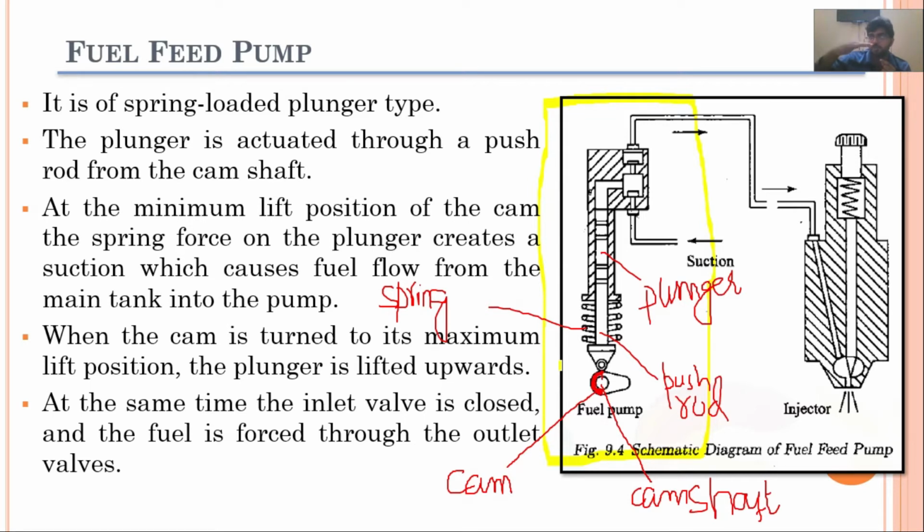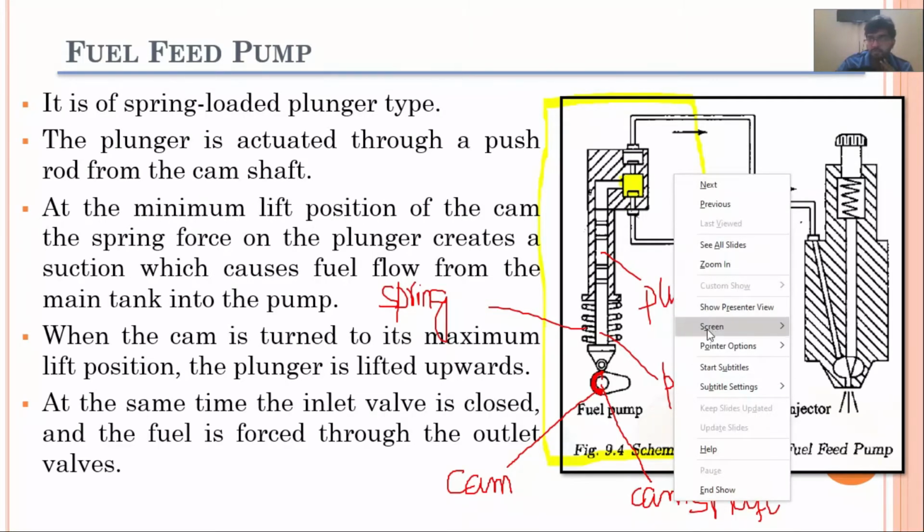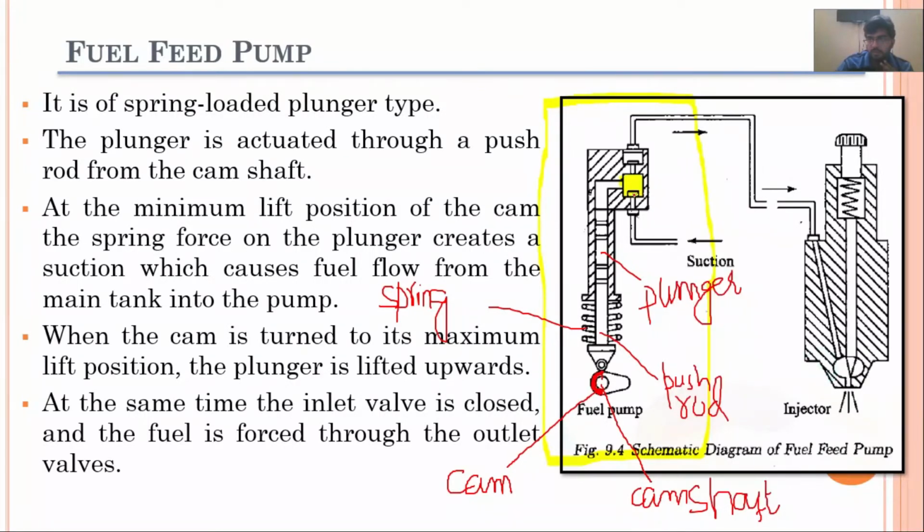Similarly, your plunger is also at the minimum point, and during this minimum lift position there is a suction pressure created inside this section, and this inlet valve will be opened, and the fuel from the suction line will come inside this chamber. It will be filled in this entire section.